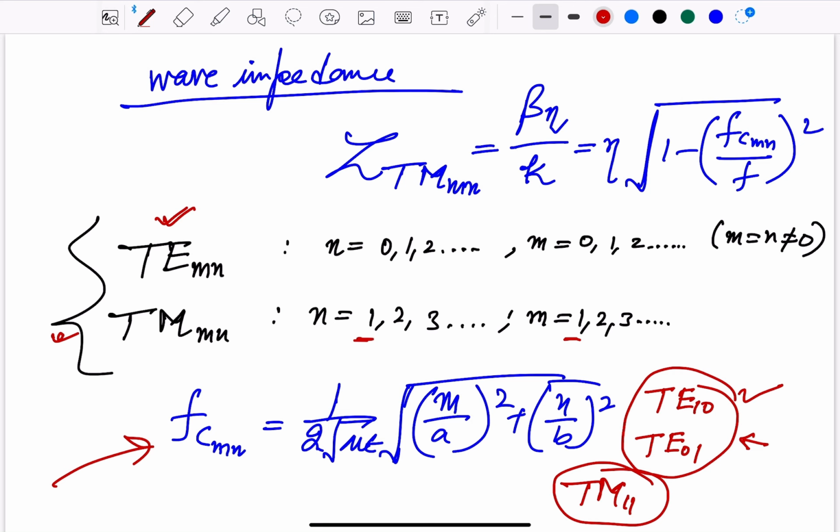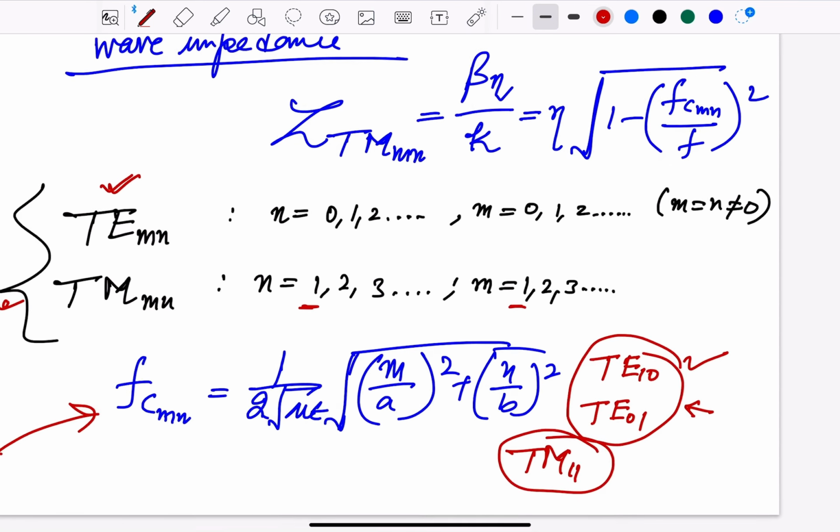Fine. Another point is that for A greater than B, for the rectangular waveguide, the TE10 mode has the lowest cutoff frequency.